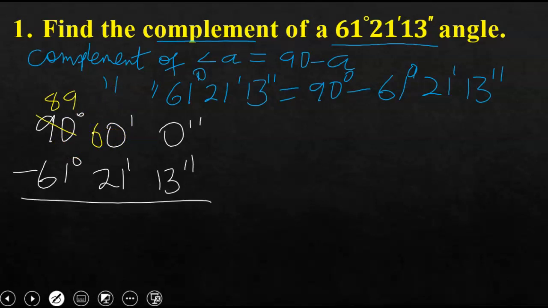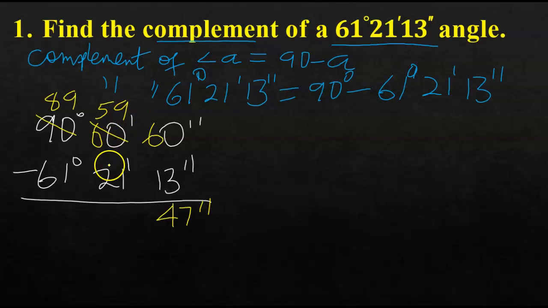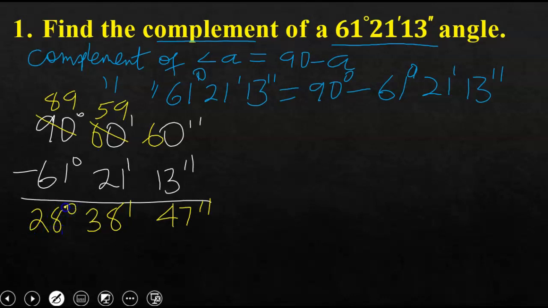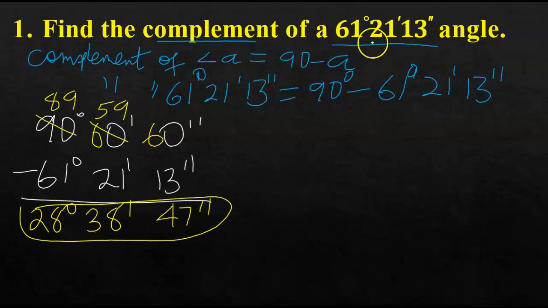Then we borrow 1 minute to make seconds, so it's remaining 59 minutes, and that 1 minute is 60 seconds. Now we subtract 60 minus 13, we get 47 seconds. Now 59 minus 21 is 38 minutes, and 89 minus 61 is 28 degrees, and that's the answer. If we take this now and add it to the original angle, we must get 90 degrees.